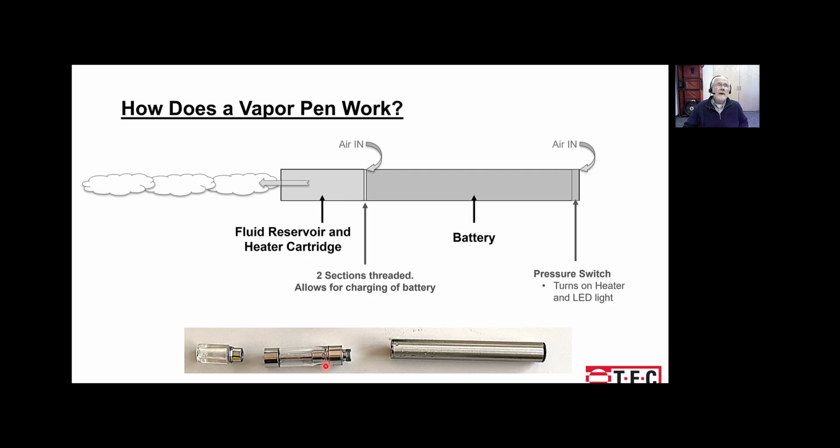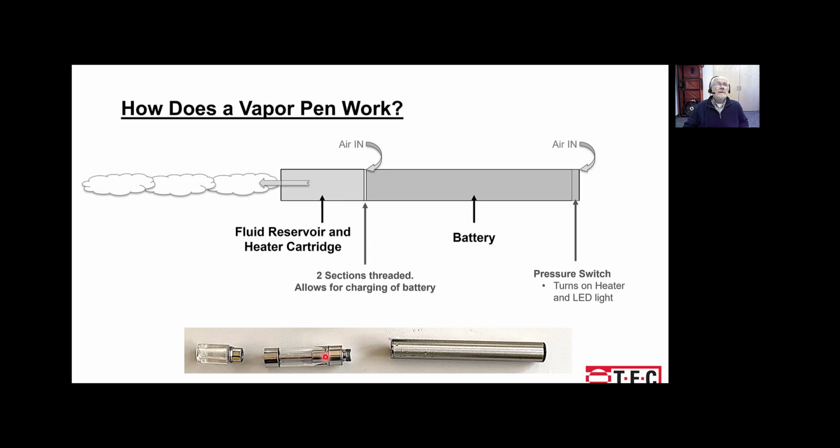That's either a ceramic device or a cotton wick that wicks the fluid into this area, and then there's an electric resistance coil in there that heats the wick or the ceramic up to create the fog. And it's actually not burning the liquid, it's just evaporating the liquid.